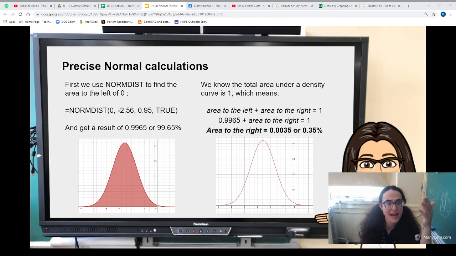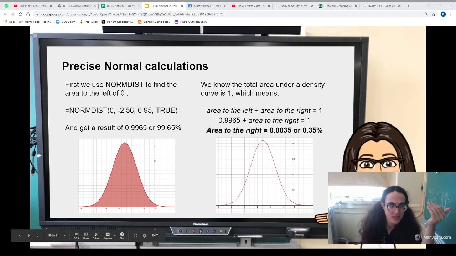So let's put this into practice. I can go to Google Sheets and use the norm dist formula to find the area to the left of 0, as shown by this graph here. So it's all this area up to 0, starting at the left and going up to 0. I use norm dist with 0 as my boundary value, -2.56 for the mean, 0.95 for the standard deviation, and true to get the area.